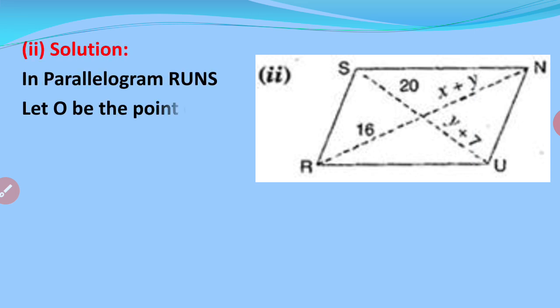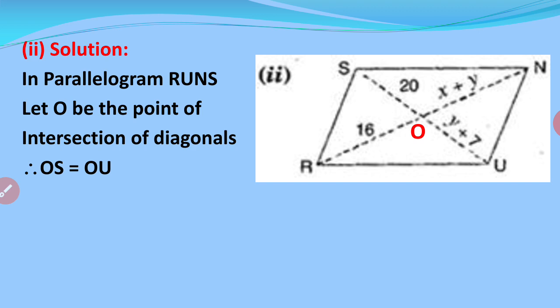So let us consider the diagonal SU first. The diagonal is bisected, so we can say that SO will be equal to UO, or we can say that OS is equal to OU. It is one and the same thing.